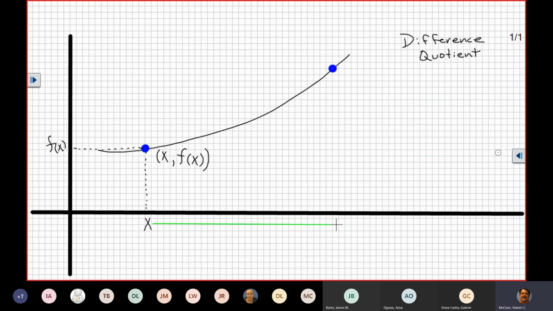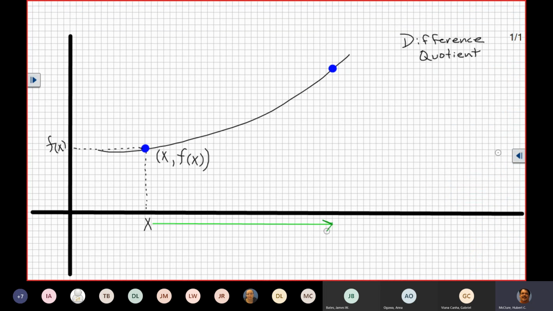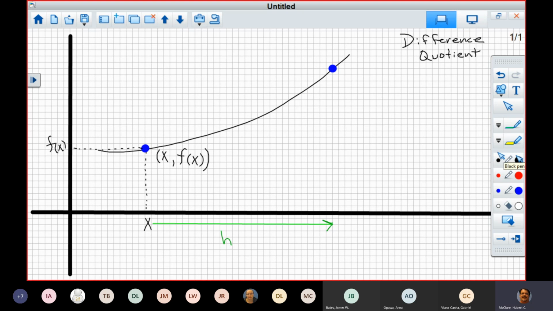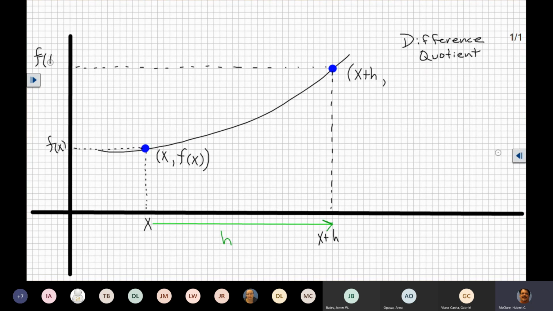This distance right here, you could call it D if you wanted to, but we're going to call it H. You can call it D if you want to, but most formulas are not written in terms of D. So this coordinate is x plus h, and the y is called f of x plus h.